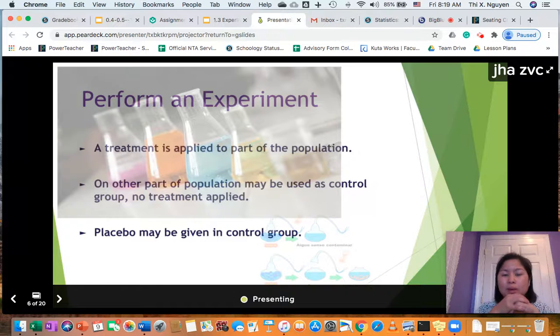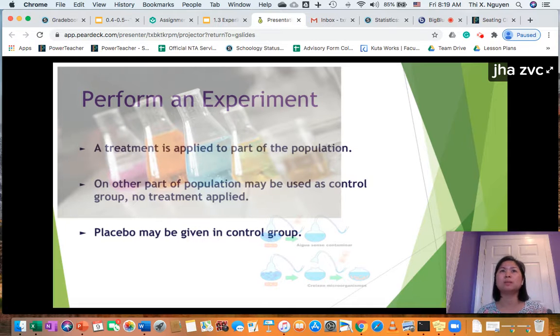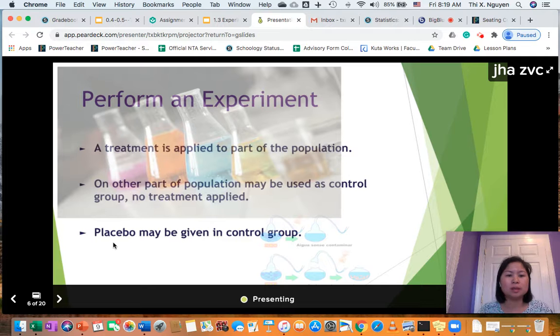A treatment is applied. The other part may not have the treatment, so you can compare the two. So an experiment is you have something to compare, something that you have the end result that you want to see. This is my theory. Is this going to work, right? So for example, a placebo may be given in the control group.